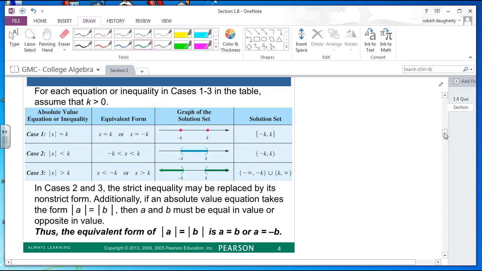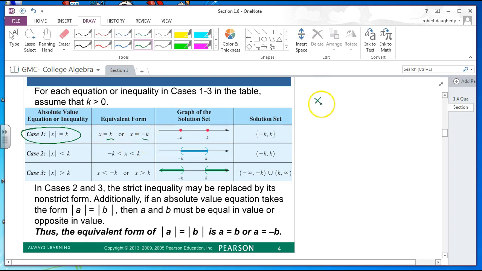Now, we're going to look and see what happens when we have equations versus when we have inequalities. So let's look at case number 1, an equation. The absolute value of some variable expression is equal to a number. The way you solve this is you just take plus or minus the number you have on the other side of the equal sign.